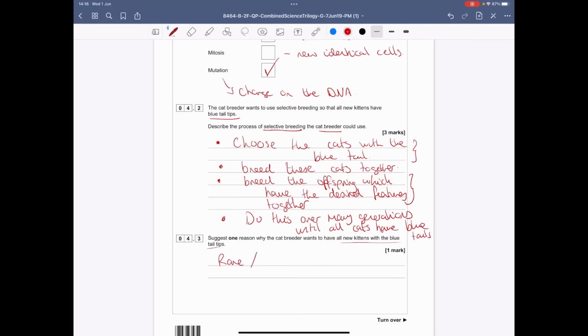These cats would be rare or expensive. Okay, or you could say to make more profit. Obviously there are ethical issues with it, especially with things like cross competition and the health effects that the offspring then have, but this is why selective breeders do this process.